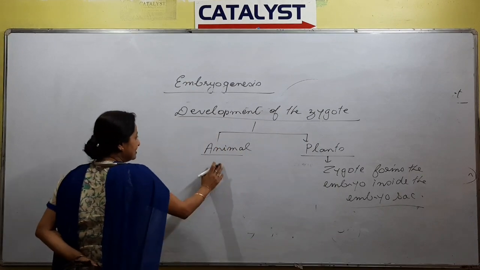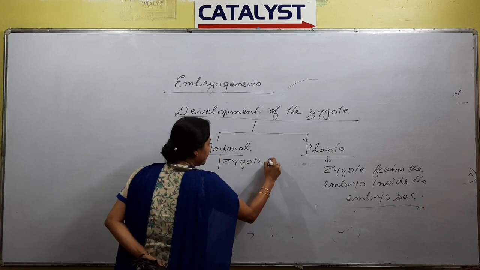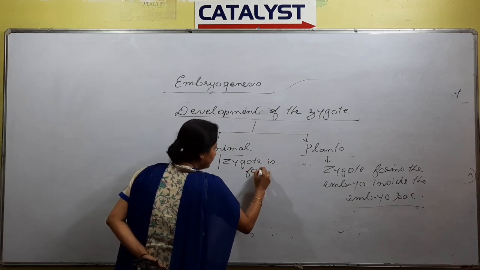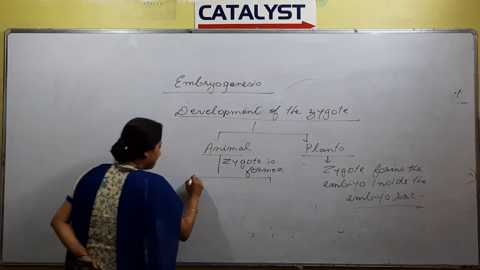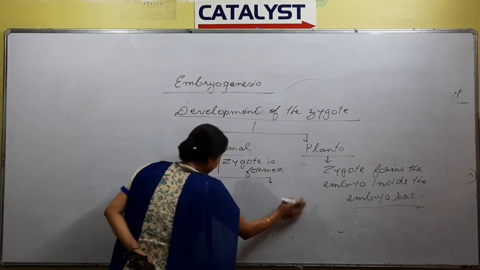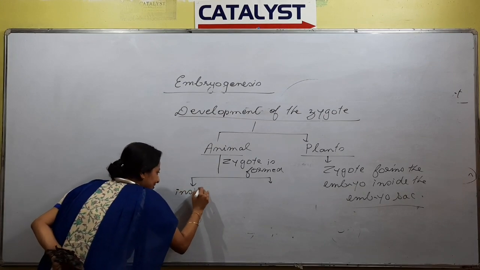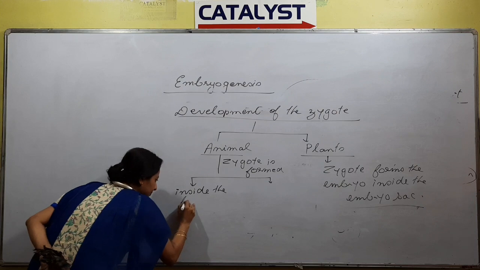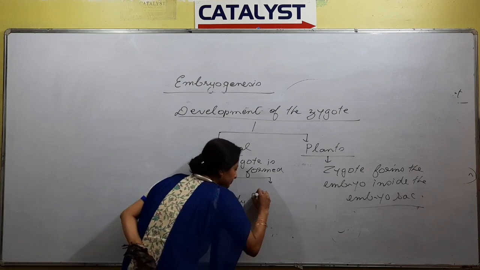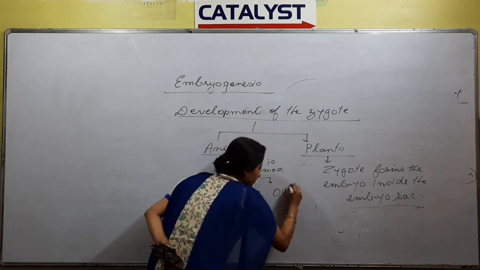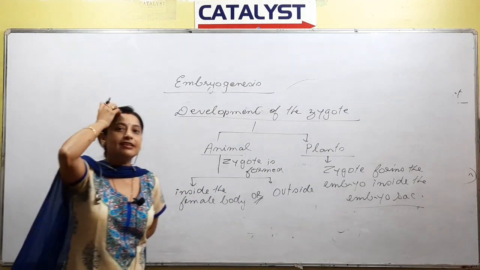In case of animals, where is the zygote formed? Plants we have already understood. The zygote is formed either inside the female body or outside, no? We have talked about external fertilization and internal fertilization, right?